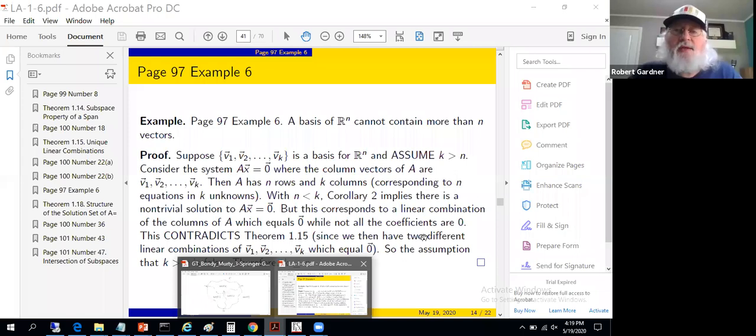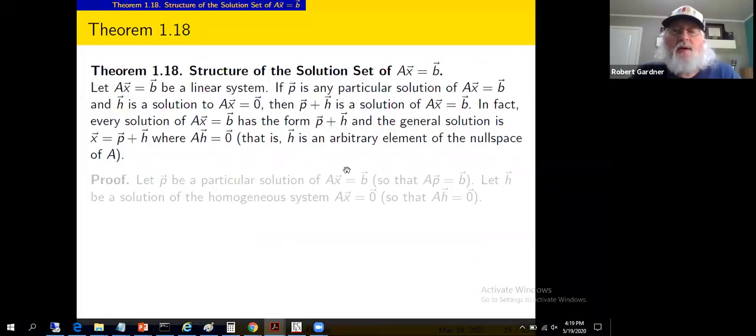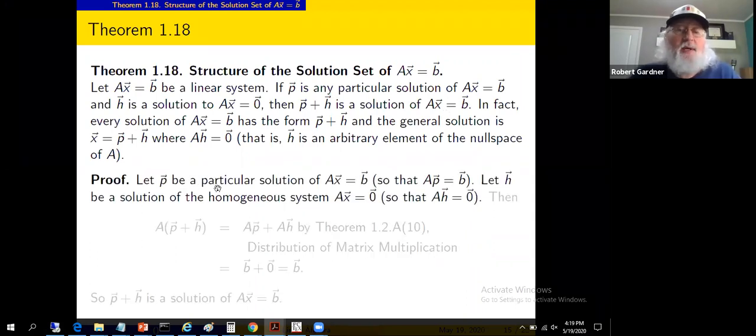So two things. First, let's show that p plus h is a solution of Ax equals b, where we're given all that stuff. All right, let p be a particular solution to that system of equations. In other words, A times vector p equals b, x equals p is a solution. Let h be a solution of the homogeneous system. In other words, Ah equals 0. Then we want to see if p plus h is a solution to Ax equals b.